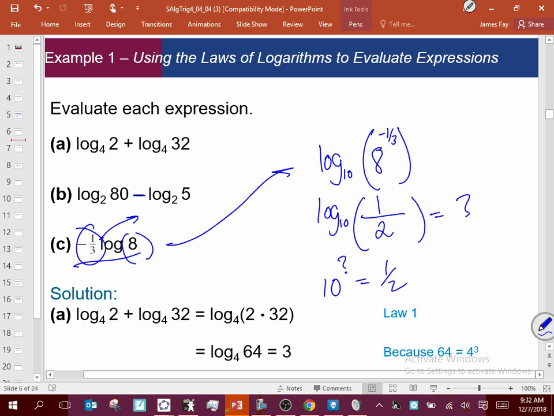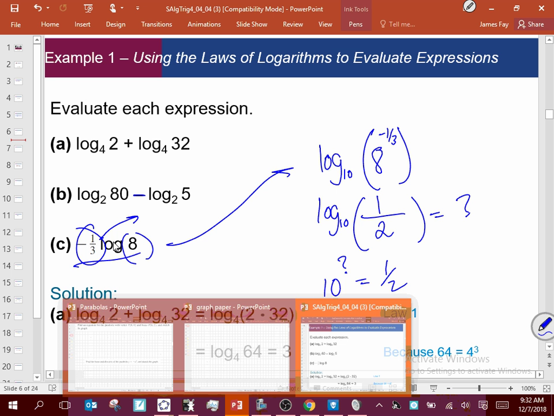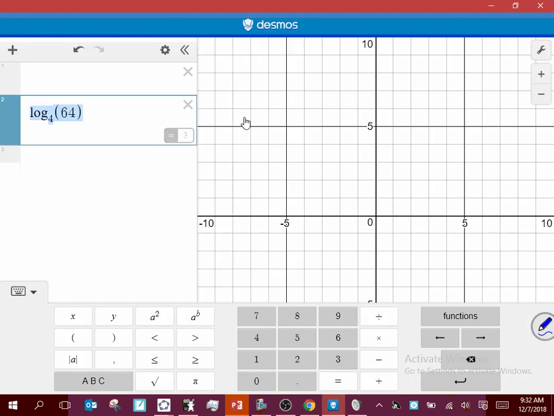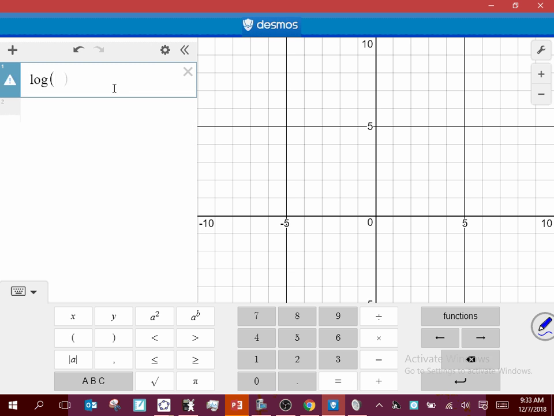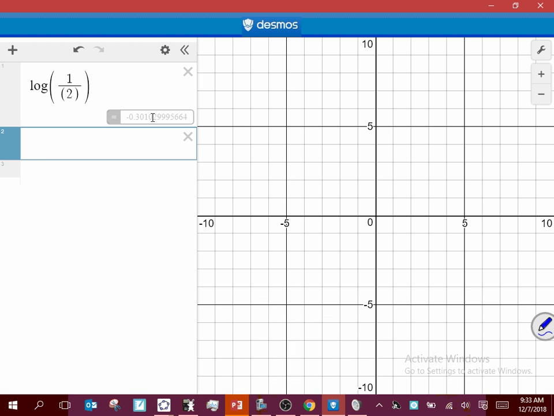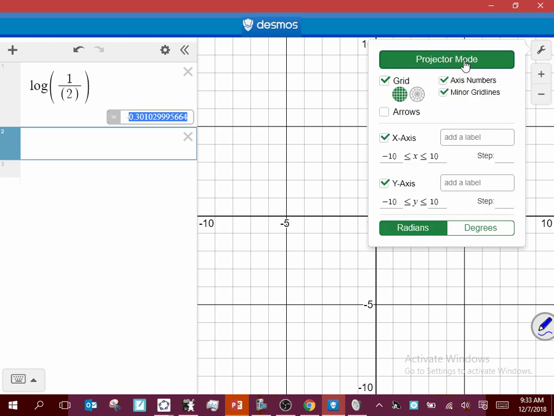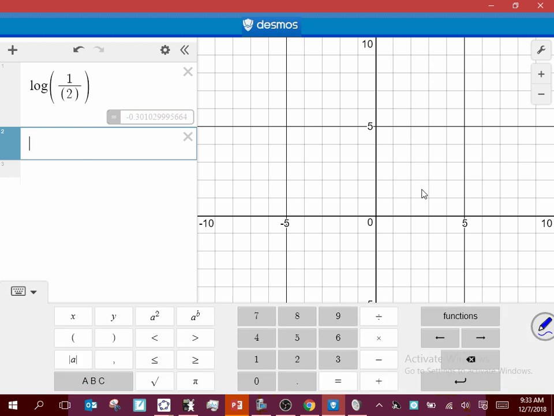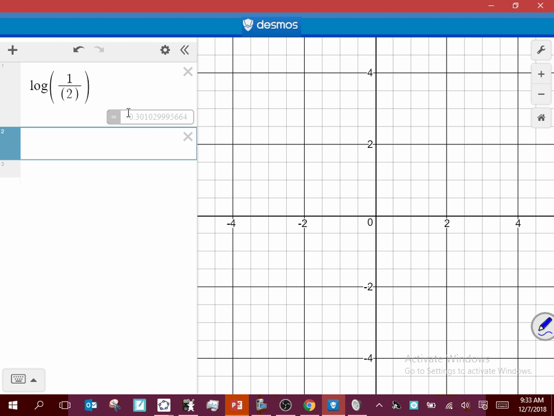So this is where we got to grab our calculator. And the purpose of this question, why they let it be a common log, is that they're assuming that the most elementary calculator you have will at least use common logs. So if I say log base 10 of 1/2, that's that number right there. Okay? Negative 0.3. I kind of hate Desmos because I can't zoom in on the results here very well.